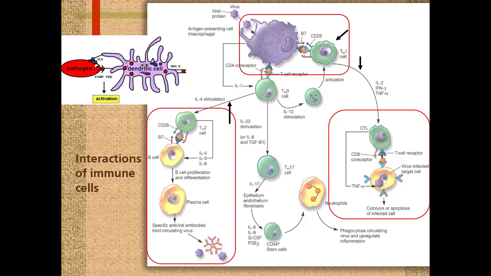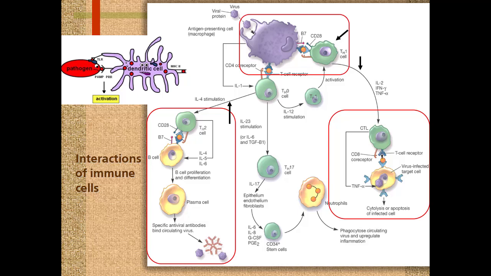Now, before we get into the two immune responses, I want to review the importance of receptors on these cells and how the T and B cells become stimulated. Notice the dendritic cell, an APC, in purple.